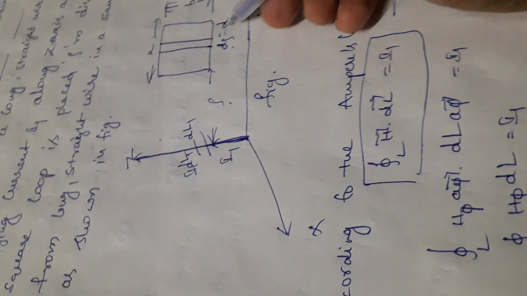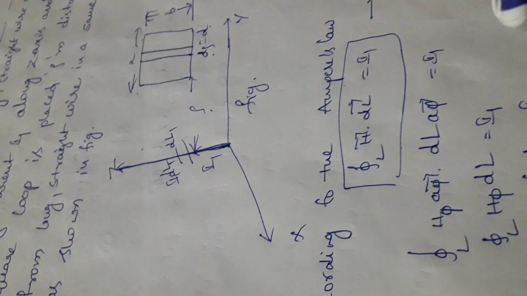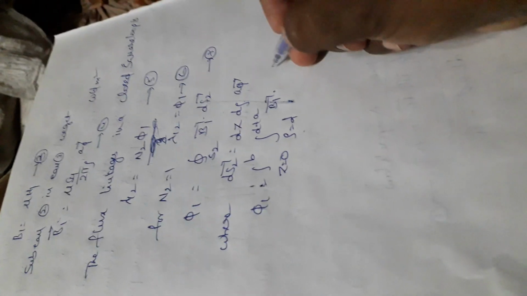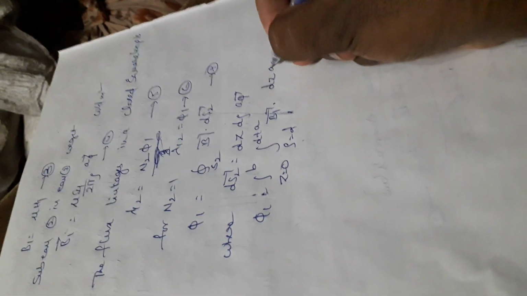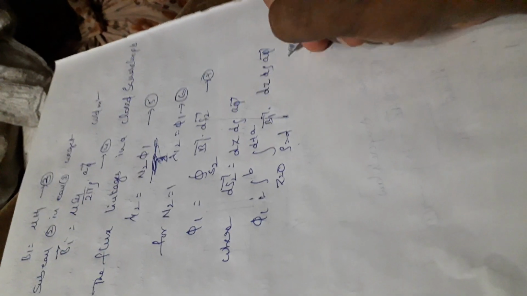That's why the smaller value is d, and the maximum value is up to the width of the square loop, that is d to d plus a, b1 bar into dz d rho into a phi bar, which is equation number 8.